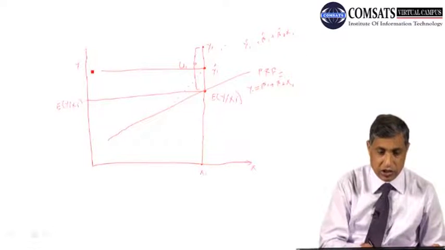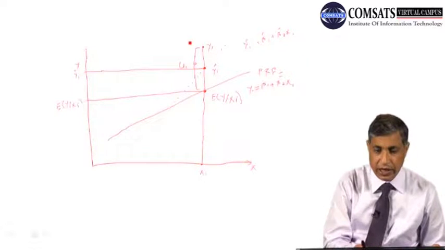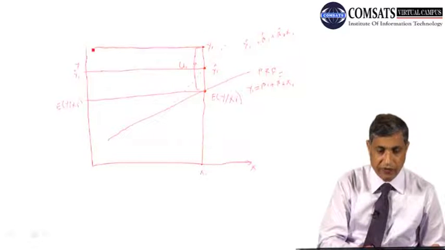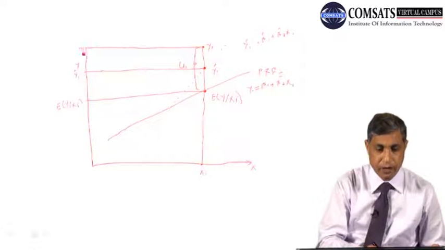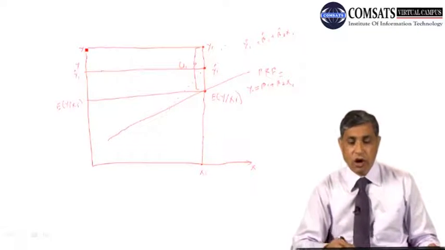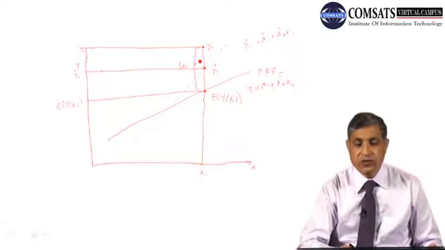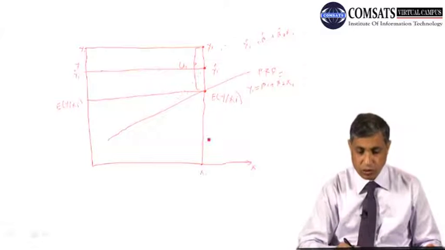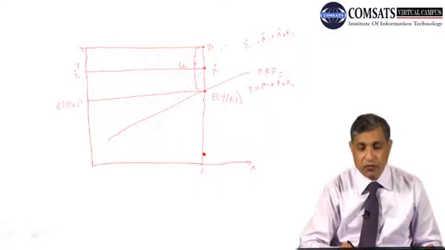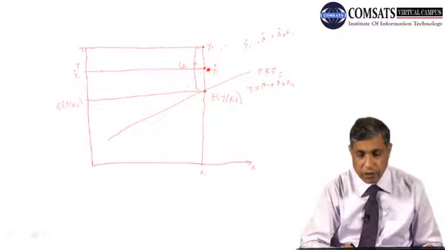Now just take it up. Similarly, I am showing the same thing here, yi hat, and I can also show yi here. What this means is that out of this yi, from yi to xi, we have estimated up to here.